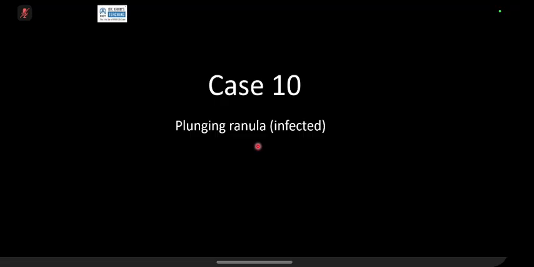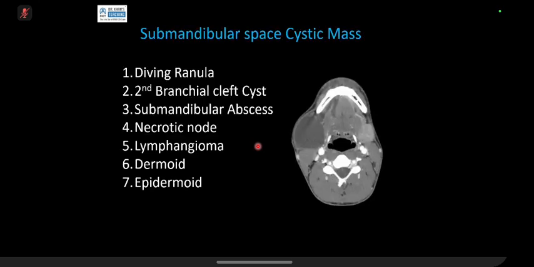So even if you give me the final diagnosis of plunging ranula versus what we call second branchial cleft cyst, in this particular case you are not going to get over the line.